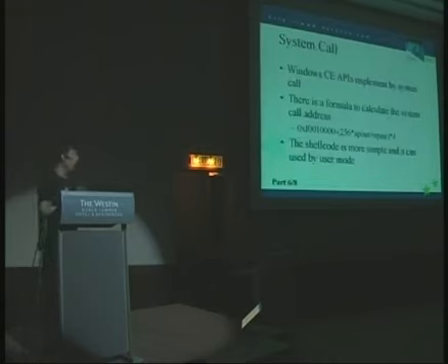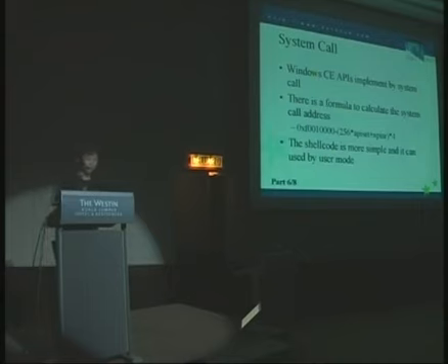Well, the shellcode we talked about is very complicated and can't be used in user mode. Is there any other method to implement shellcode? The answer is yes. Well, let's look at the Windows CE API implementation in the core DLL.